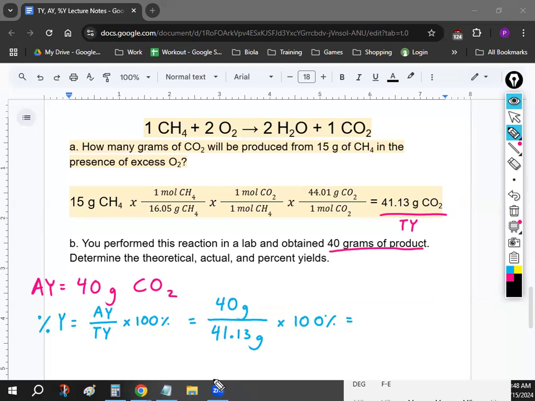All the numbers on the top you multiply, numbers on the bottom you divide. So we're going to do 40 on the top divided by 41.13, and then we're going to multiply that by 100. And that's going to give you your final answer. Okay, so take a second, punch that into your calculator, figure out what the percent yield is. This is pretty much the only thing we're adding on. We'll go over the percent yield, and then I'll get you guys started on your side.